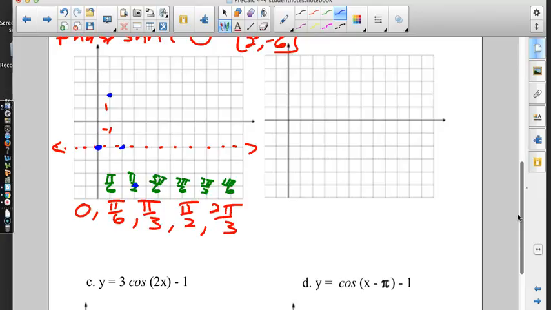And then we had our 2 pi over 3, which would have been 4 pi over 6. So axis, high, axis, low, axis. Like I said, it'd be nice if we had a few more. I don't need to fill it all the way up. At the very least, we do 1 period. If we do more than that, that's fantastic.